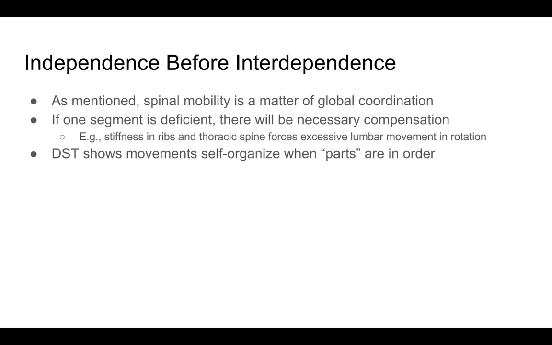The basis of this is that dynamic systems theory shows us that movements will self-organize when the various parts of that movement are in order. The more mobility, the more independence of the joints we have, the more variability we have in movements.